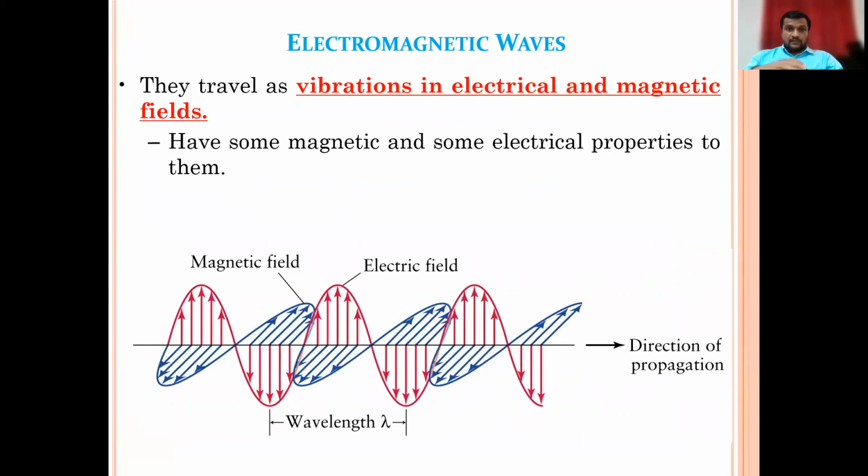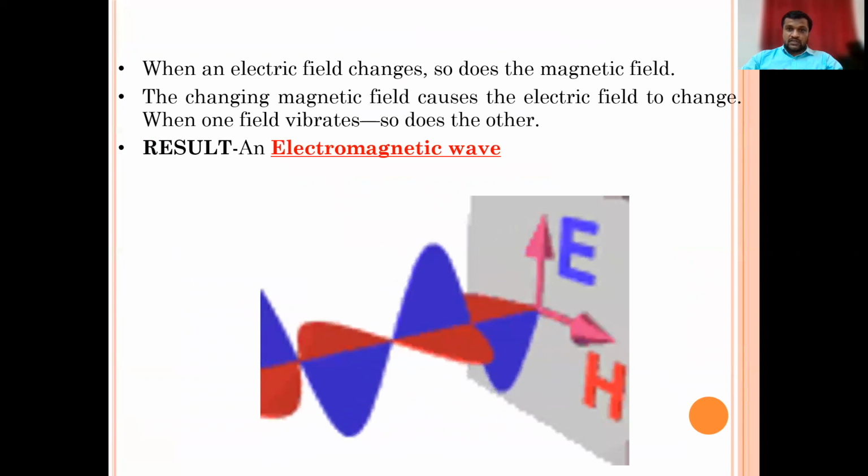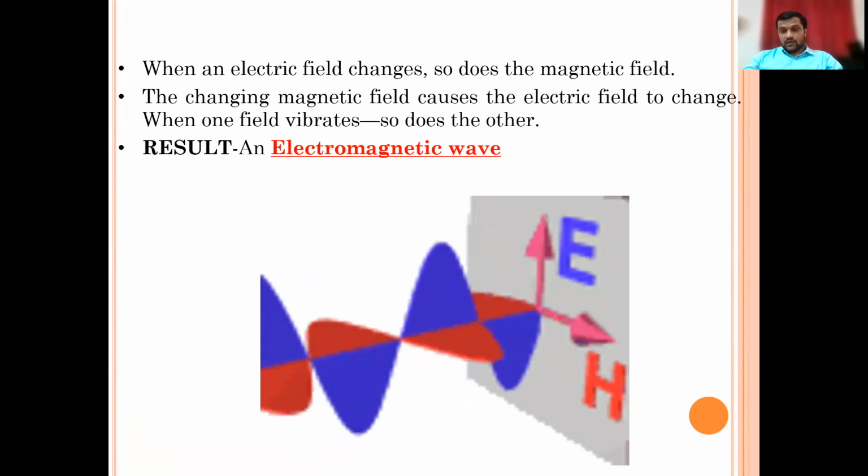Electromagnetic waves are vibrations in the electric and magnetic fields, and these fields propagate perpendicular to each other in the direction of propagation, with certain magnetic and electrical properties of the target. When an electric field changes, so does the magnetic field, and this changing magnetic field causes the electric field to change. When one field vibrates, the other also vibrates.